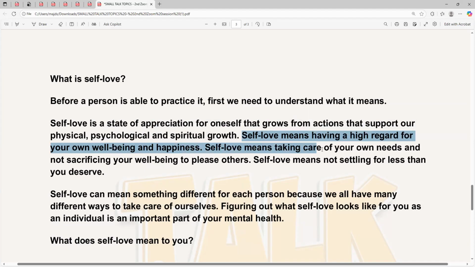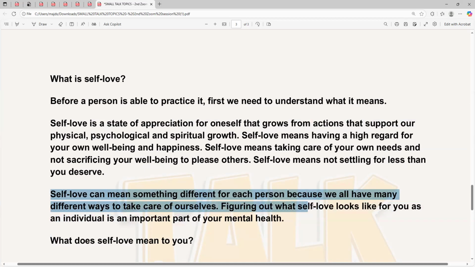Self-love means taking care of your own needs and not sacrificing your well-being to please others. Self-love means not settling for less than you deserve. Self-love can mean something different for each person because we all have many different ways to take care of ourselves.